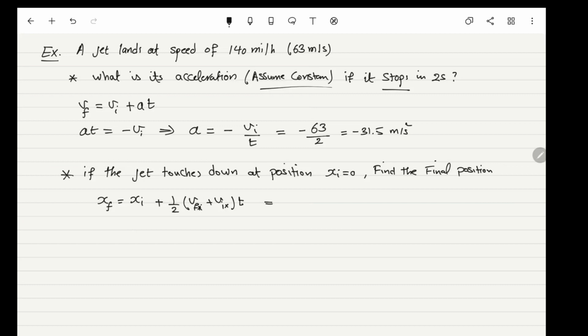When you substitute back in, x initial is 0 plus half. Now v final, as we mentioned before, it's stopped, so 0, plus 63, times 2. So in this case, the final position is 63 meters.